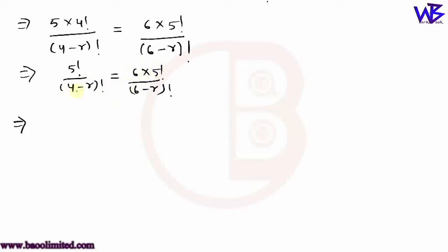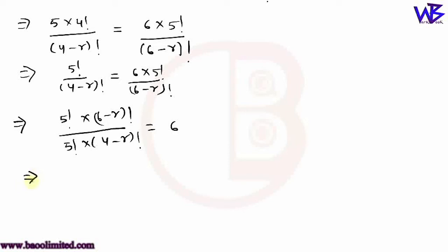We'll bring this 5 factorial to the LHS and also this (6 minus r) factorial to the LHS. So LHS becomes 5 factorial into (6 minus r) factorial divided by 5 factorial into (4 minus r) factorial, and the RHS becomes 6.